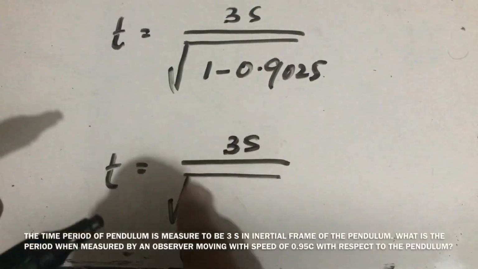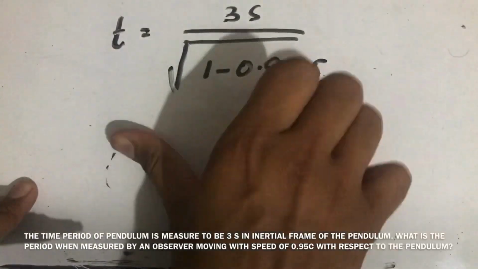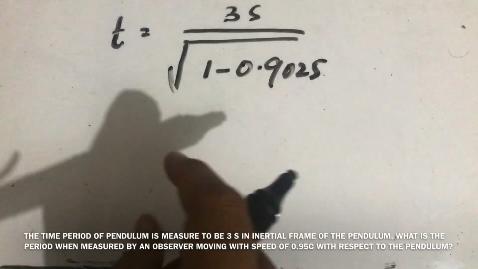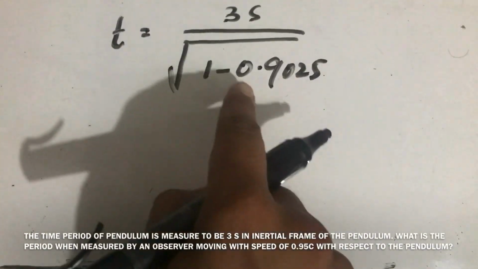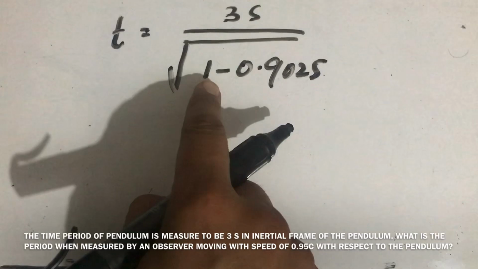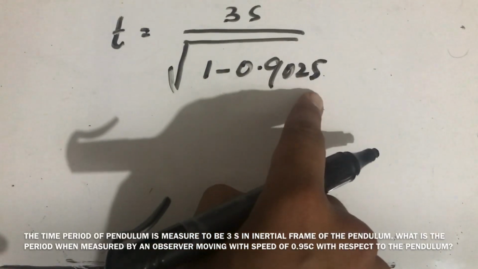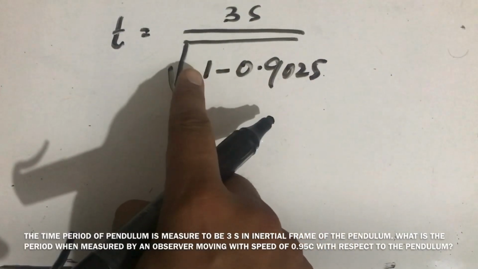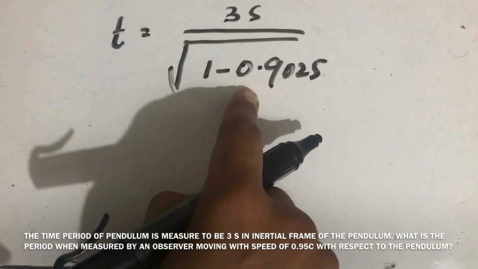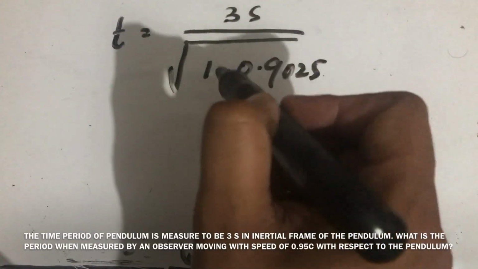Do it yourself, I don't have a calculator. So you have the value from 1 minus 0.9025, take the square root of this value and divide 3 seconds by it.